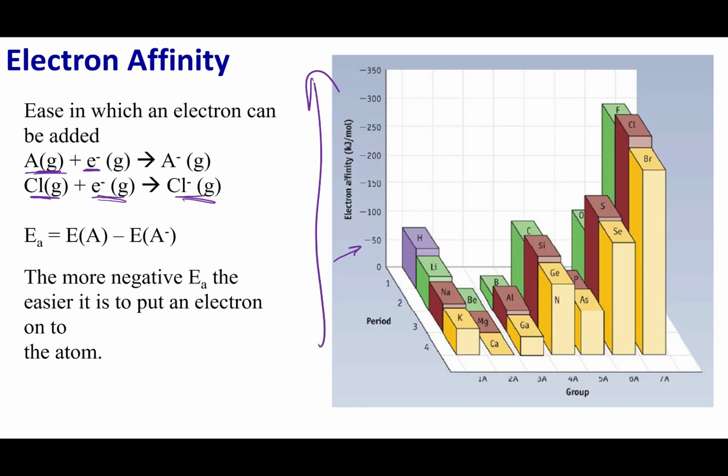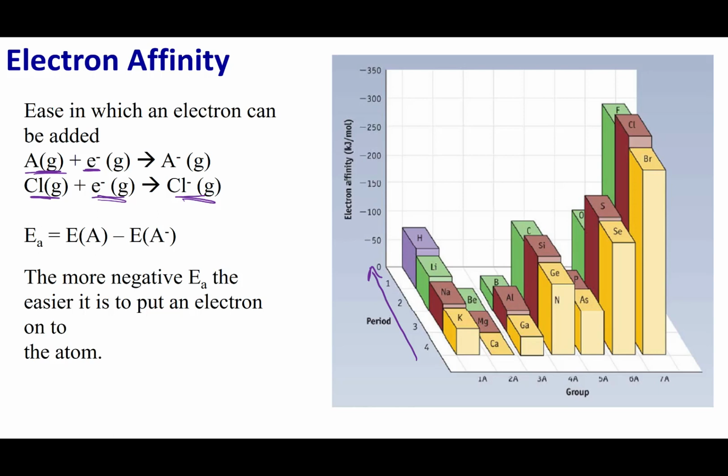So let's take a look at some trends. As I go up the periodic table, the energy released from the atom is going to be more and more when I try to stick on an electron. This should make sense because if I put that electron next to that proton, this is a favorable interaction, and so that is going to release energy.